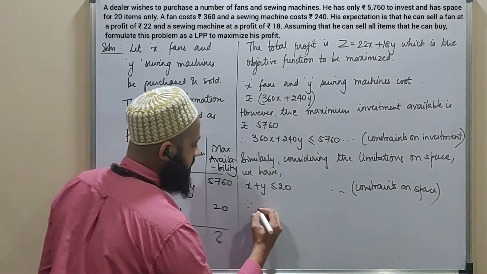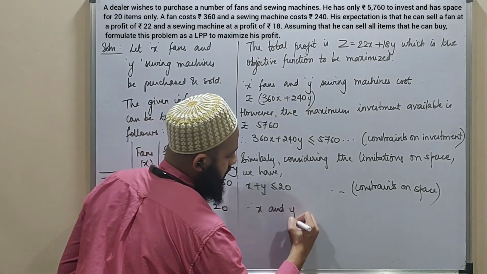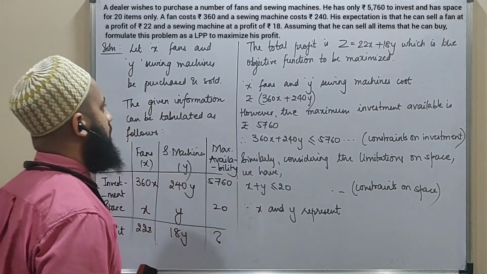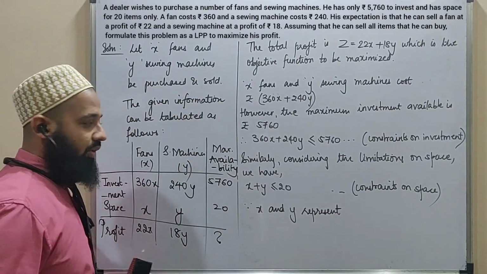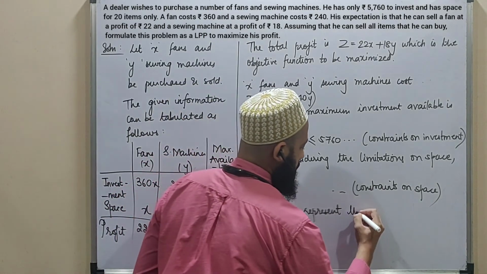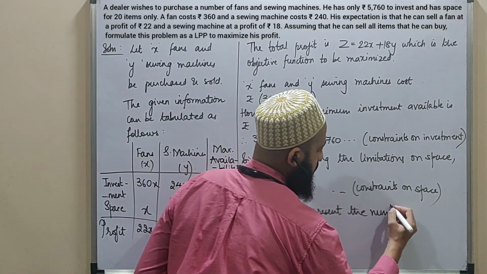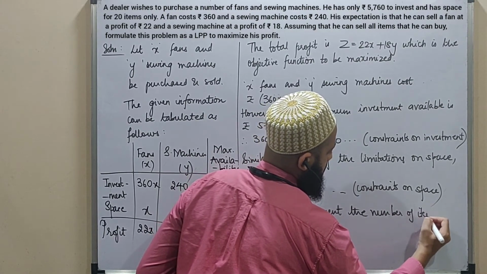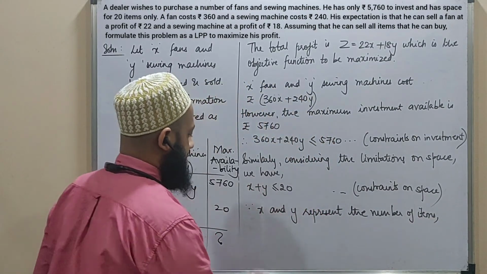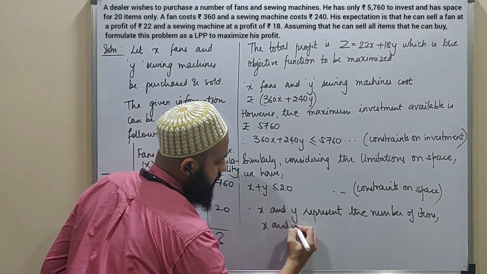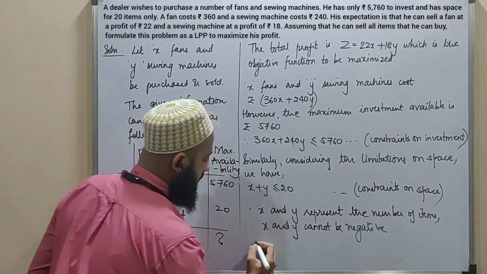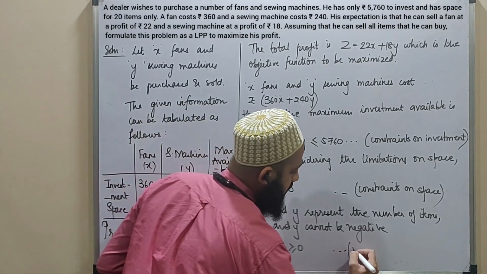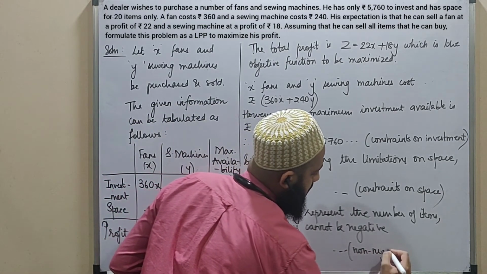Since x and y represent the number of fans and sewing machines, or rather in short the number of items, x and y cannot be negative. So you write x comma y greater than equal to 0, and justify it as the non-negativity constraints.